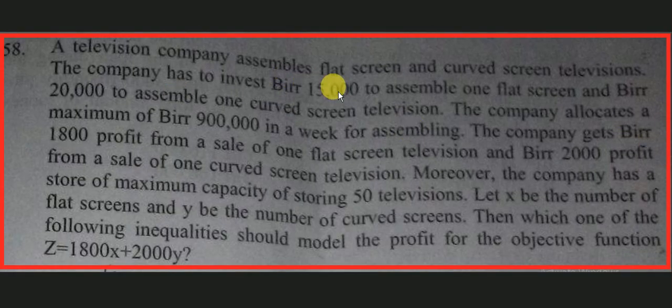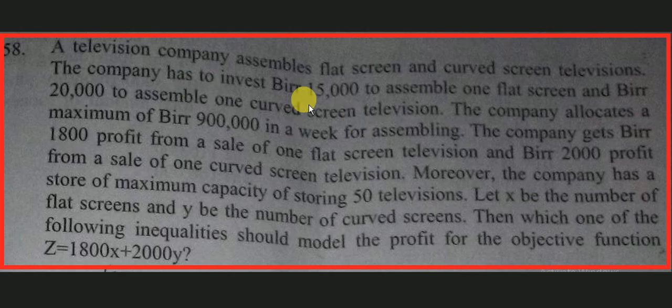Next problem number 58. A television company assembles flat screen and curved screen televisions. The company has to invest 15,000 to assemble one flat screen and birr 20,000 to assemble one curved screen television. ኦኬ ስራው ምንድነው? Assembling televisions, two types: flat screen and curved screen.